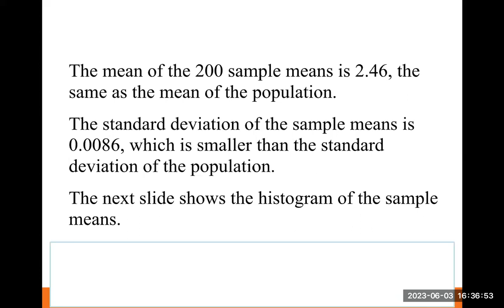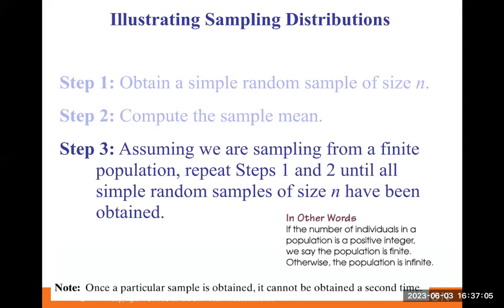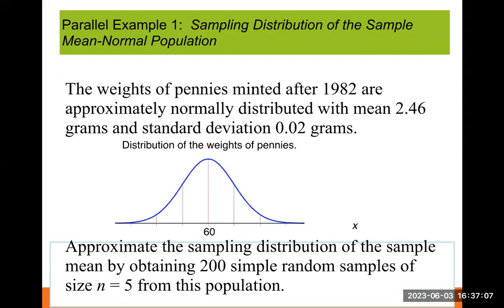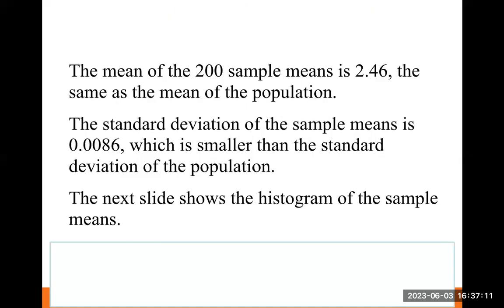The standard deviation of the sample means they calculated is 0.0086, which is much smaller than the standard deviation of the original population. A few minutes ago we saw the original standard deviation was 0.02, and now the standard deviation of the sample mean is 0.0086, so it's quite a bit smaller.